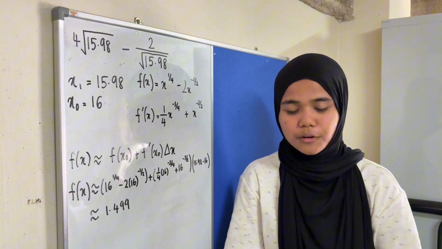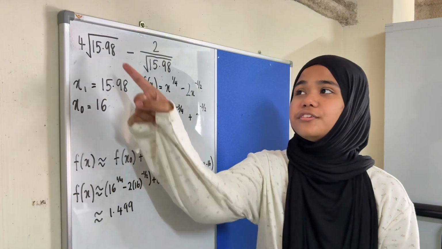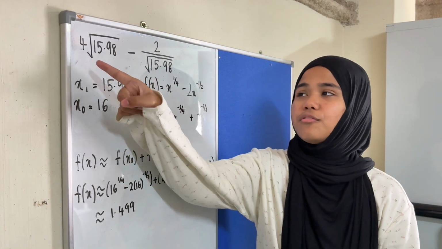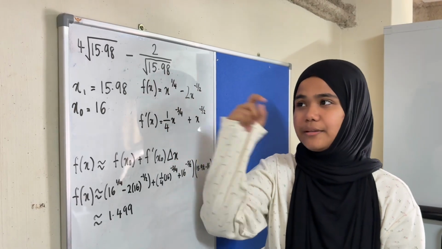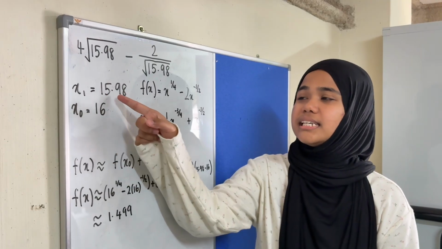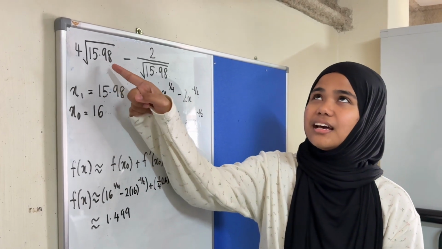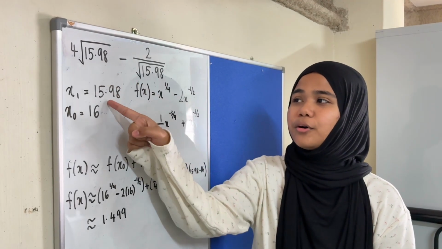So for question 4, use linear approximation to estimate the value of 4th root of 15.98 minus 2 square root of 15.98. So first we need to find the x naught. x naught is the number that is close to the given x and has no decimal places. So we took 15.98.